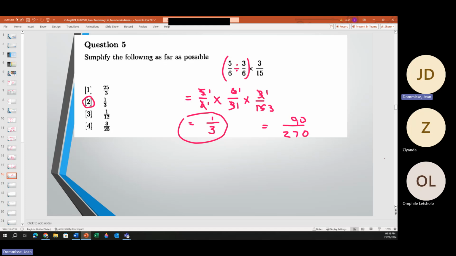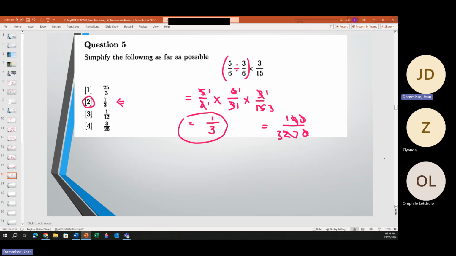The zeros cancel out, we've got 9 over 27. 9 goes into 9 once, and 9 goes into 27 3 times, and you get the same answer. So you don't need to simplify at this stage. You can multiply it out and get the same, but your final answer just needs to be simplified.